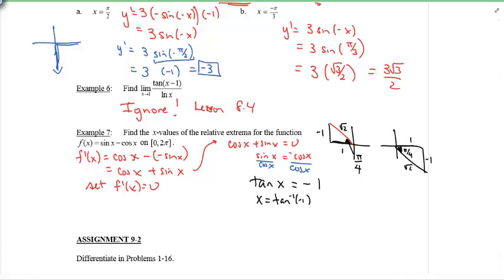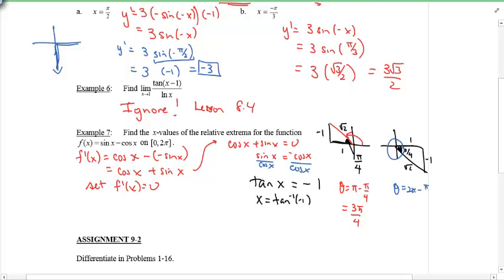So how do we find the actual angle measure? In this case, that would be pi minus pi over 4, which is 3 pi over 4. And in the second case over here, this would be going 2 pi and then minusing pi over 4. 8 pi over 4 minus pi over 4. Once again, this is review of Math 12. 7 pi over 4. Whew!